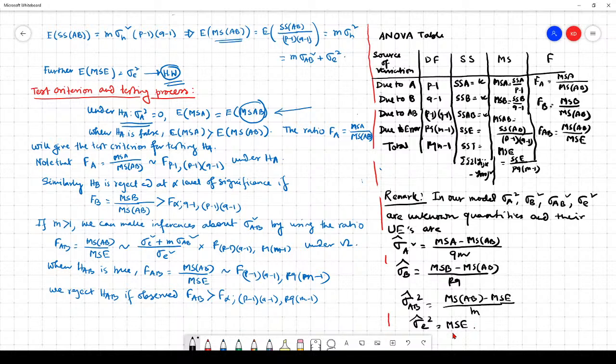So these are the unbiased estimators of sigma a square, sigma b square, sigma ab square, sigma e square.